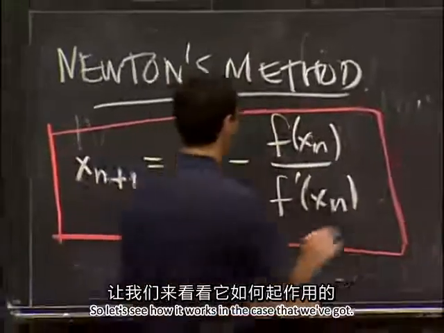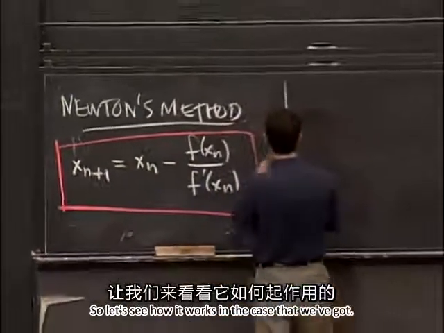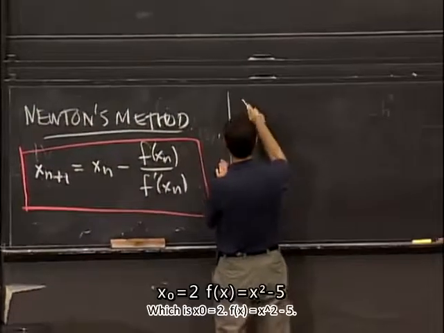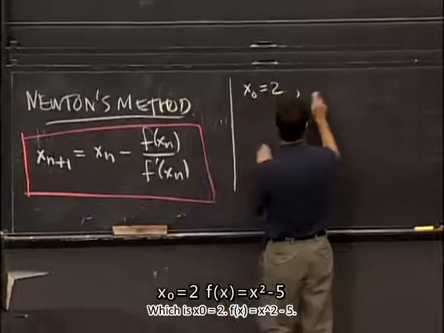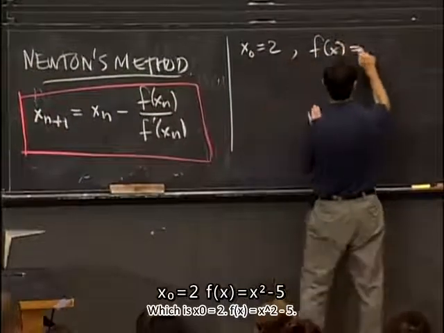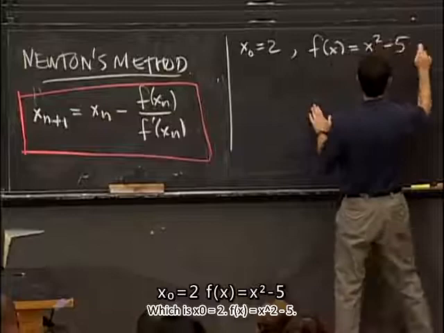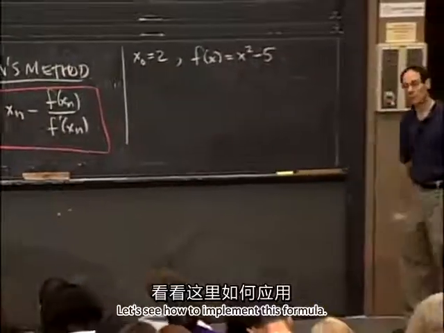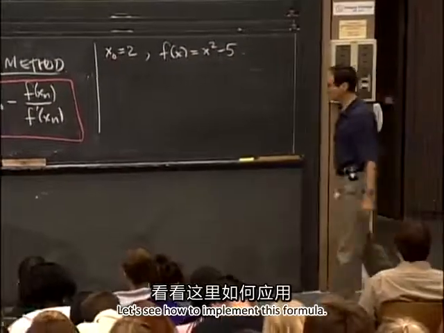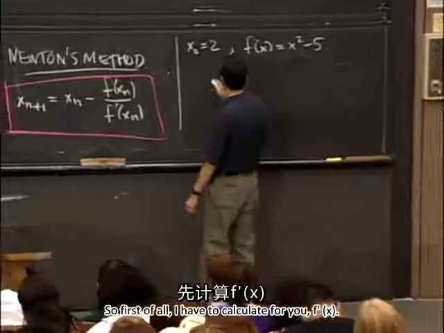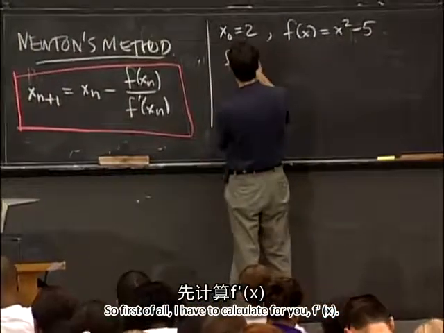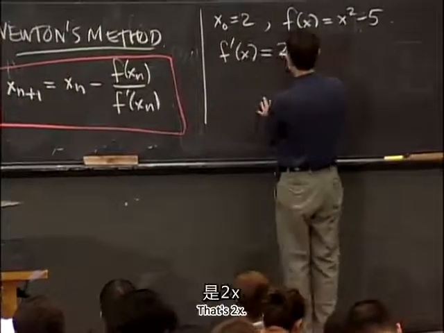All right, so let's see how it works in the case that we've got, which is x0 is equal to 2, f of x is equal to x squared minus 5. So let's see how to implement this formula. First of all, I have to calculate f prime of x. That's 2x.